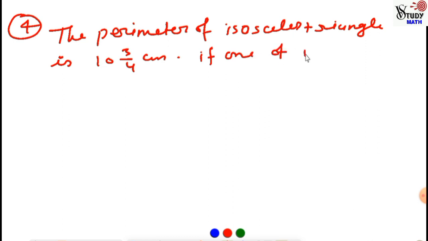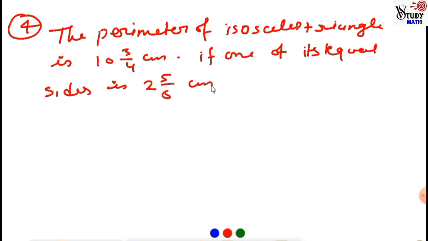If one of its equal sides is 2 and 5 by 6 centimeter, find the third side. So this is the question we have to solve here. Let's solve this question.